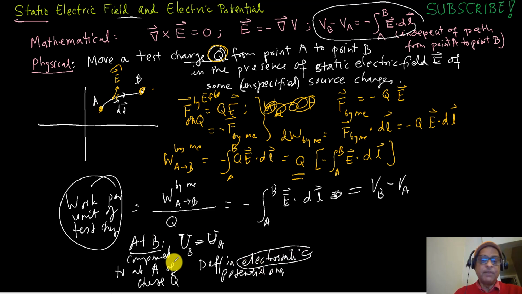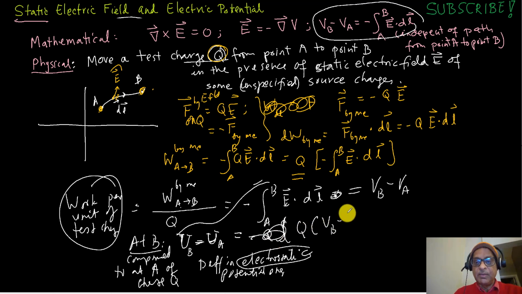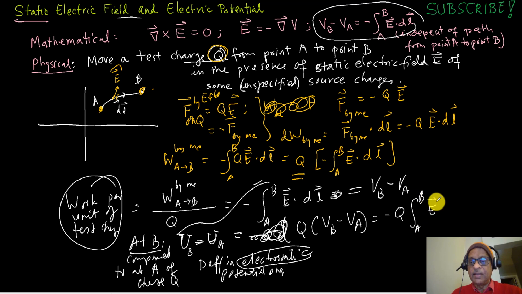Everything is static here, and it is equal to Q times VB minus VA, which is minus Q times the integral from A to B of the electric field dot dl. So this is the relationship.